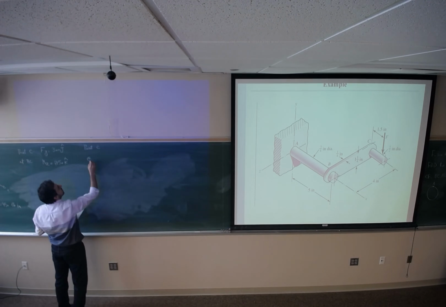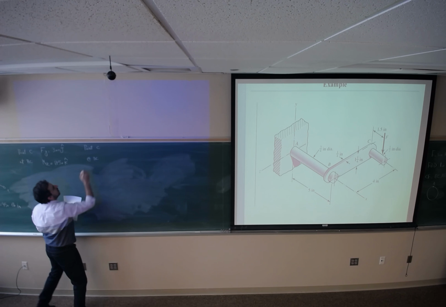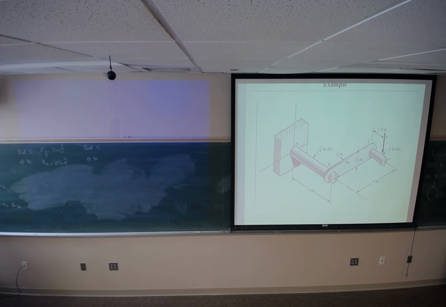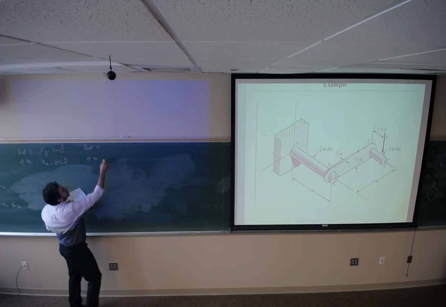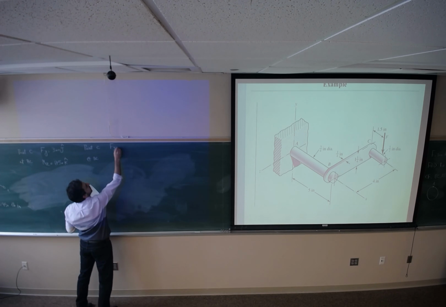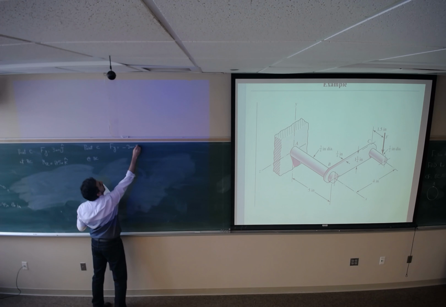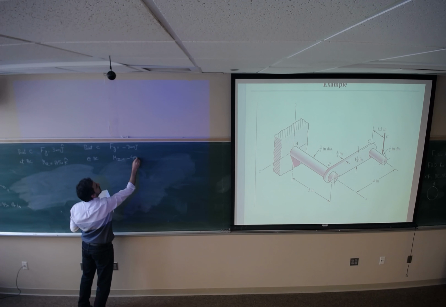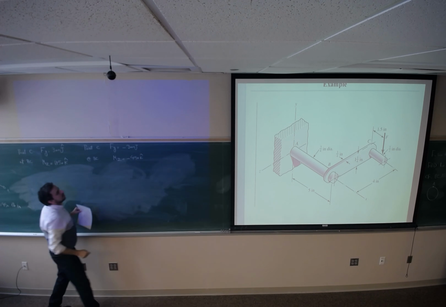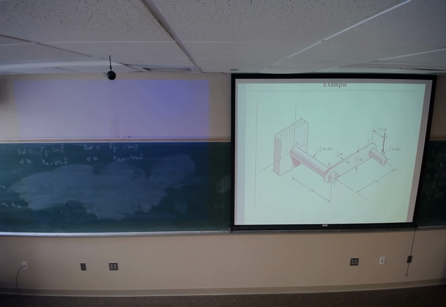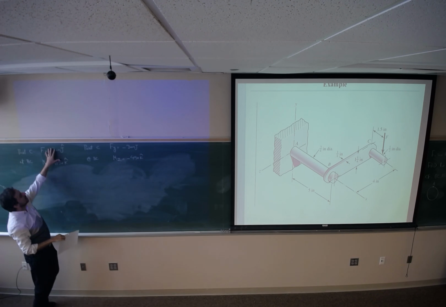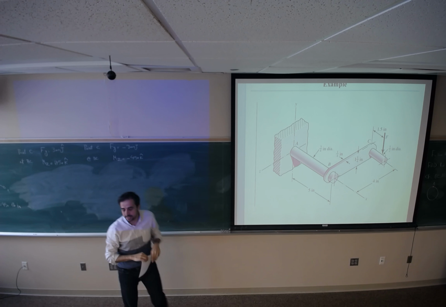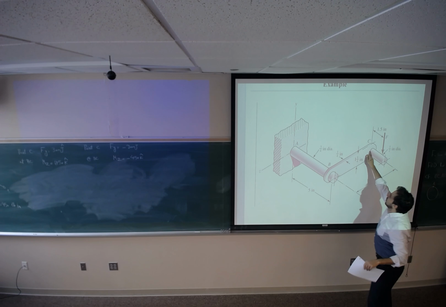For component BC, point C here is gonna see these two force and moment. Point C at component BC is gonna see the negative values: negative 300J, and MZ is gonna be negative 450K. Action and reaction. This point belongs to component CF, and at the same time belongs to component BC.